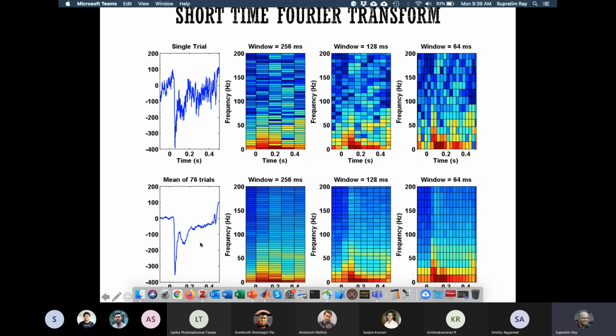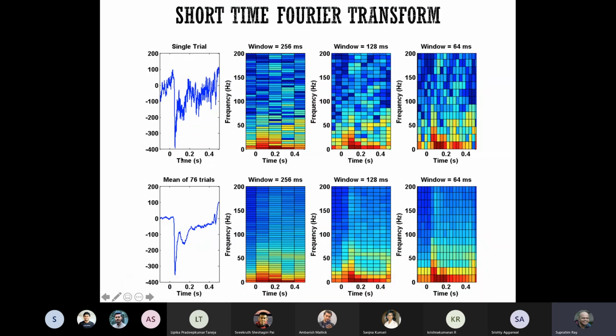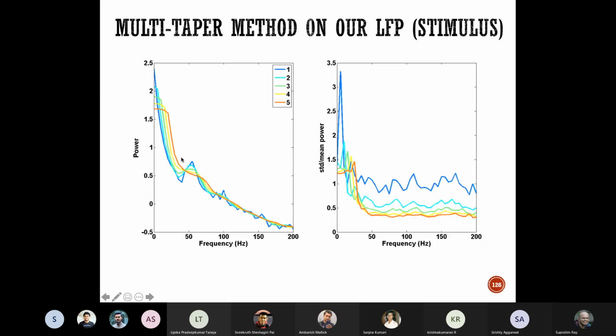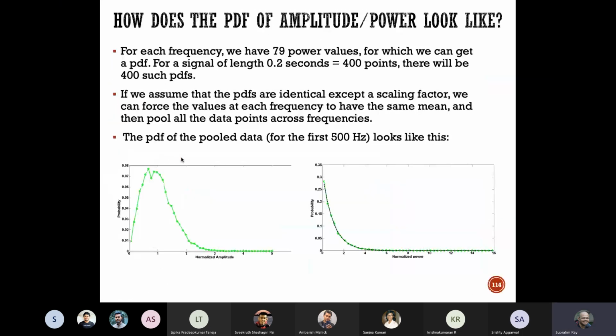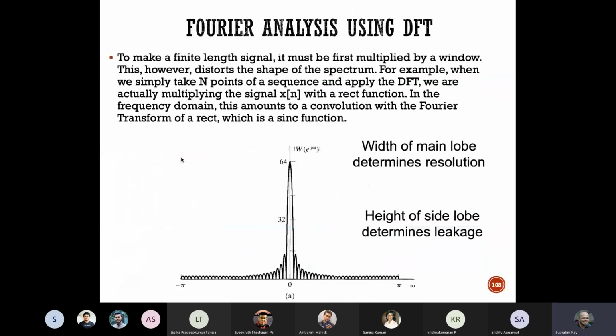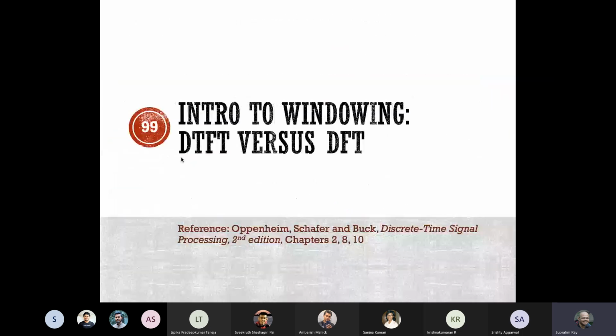Why is this not the short time Fourier transform of this? Actually, this question could have been asked even for these. We don't really need to talk about short time Fourier transform. It's the same for, yeah, here.